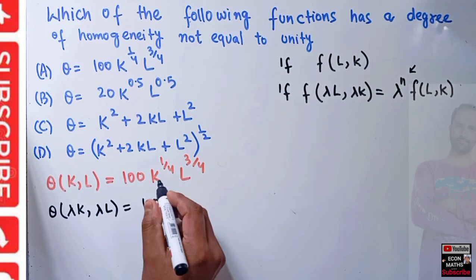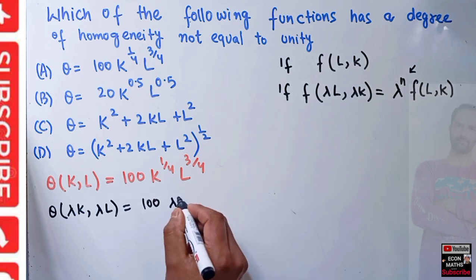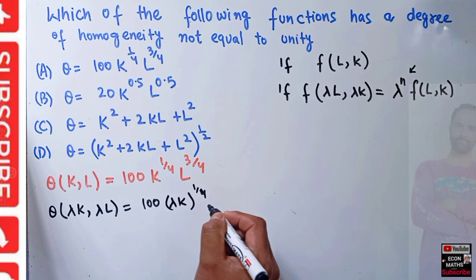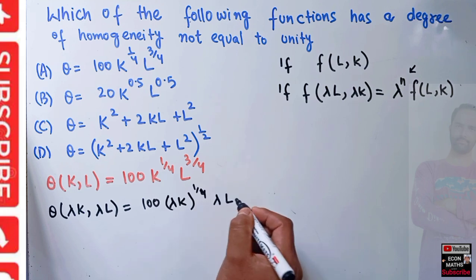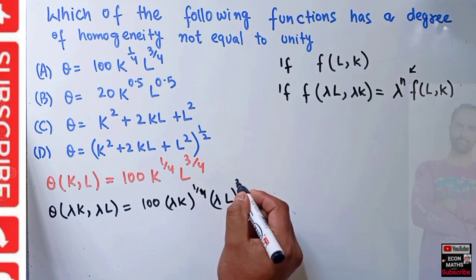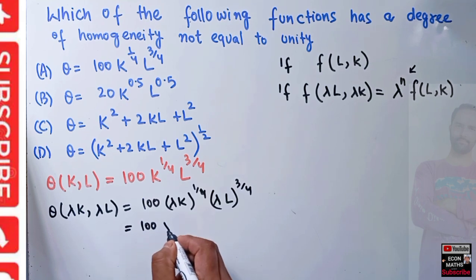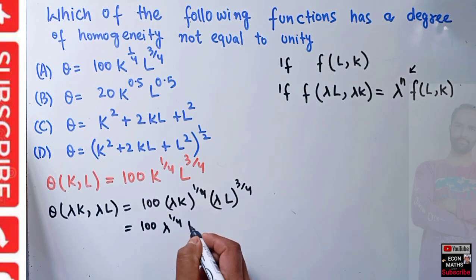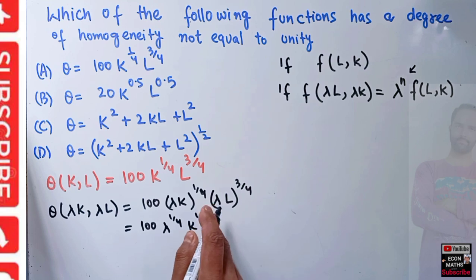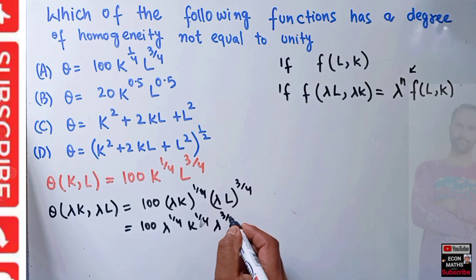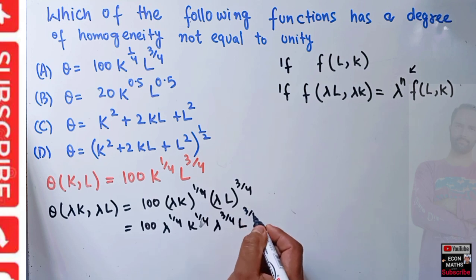We have 100 (lambda K)^(1/4) (lambda L)^(3/4), and we can write it as 100 lambda^(1/4) K^(1/4) lambda^(3/4) L^(3/4).